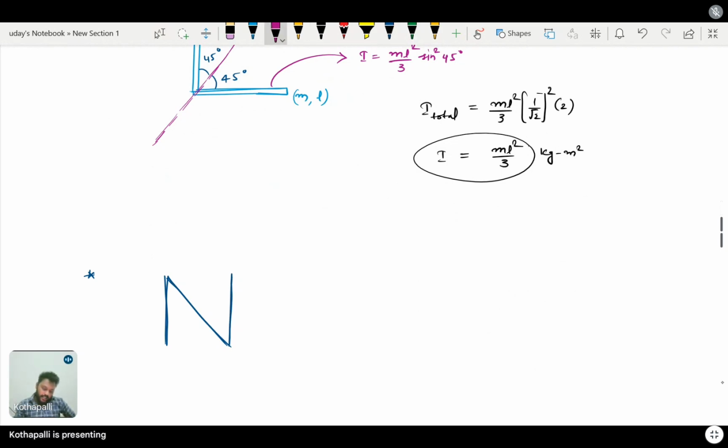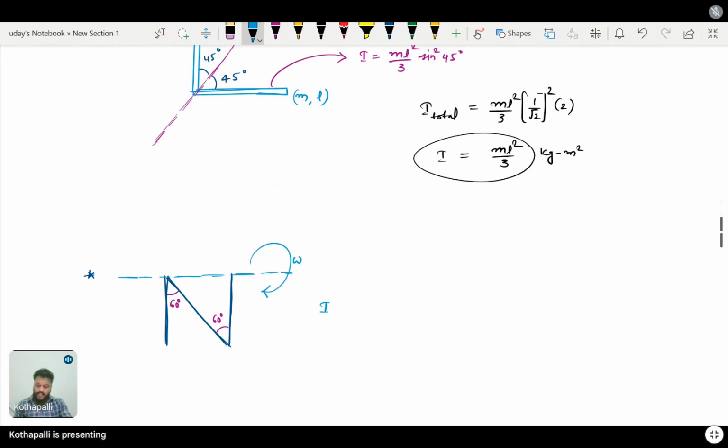Here this angle is given as 60 degrees, and at the same time this angle is given as 60 degrees. Now there is one axis of rotation of this N passing on the top of the letter N like this, and the system is rotating like this with angular velocity omega.